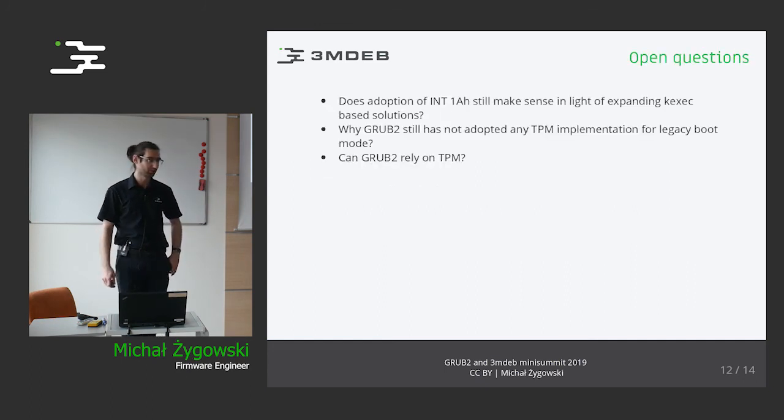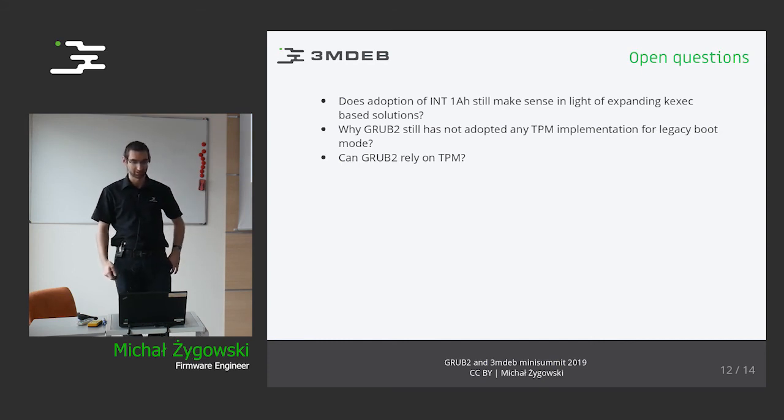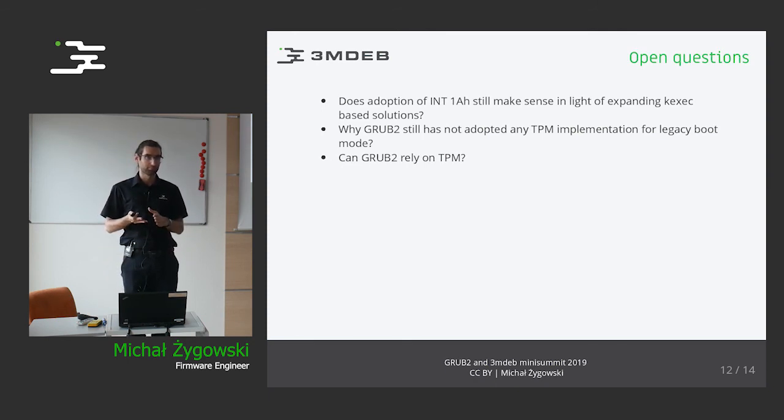And the open questions that are still unanswered, and we hope to get an answer, are whether the adoption of interrupt 1A makes any sense in terms of, for example, expanding kexec based solutions or not. In the sense of whether we should go for a kexec, or rather is it feasible to implement it in GRUB2?